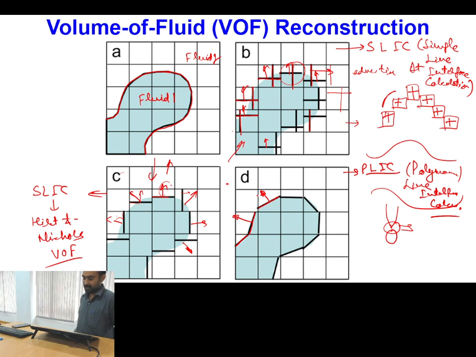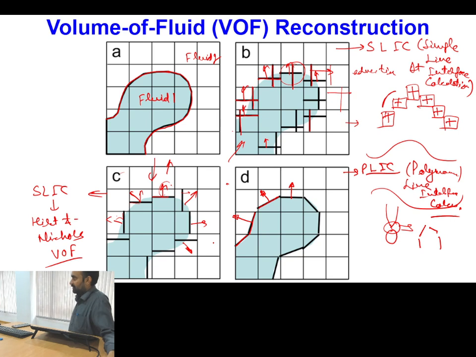Say here the normal was in this direction, so this line is placed in a plane which is normal to the direction of the normal. Here the normal was in this direction, so this line is chosen so that it is perpendicular to the normal. In this way you can see that the interface appears, though again in the form of stepped lines, but it will still be closest to the actual curve of the interface that we have.